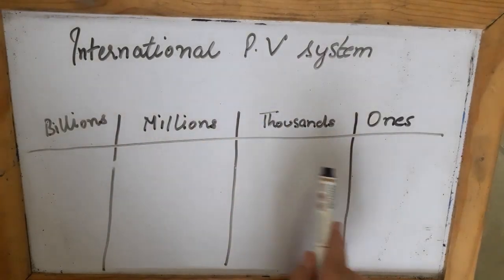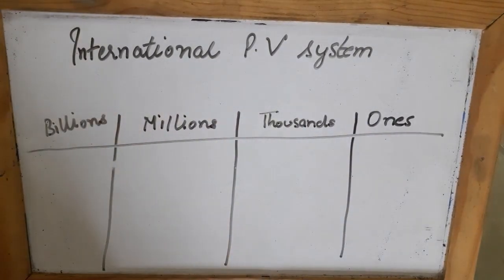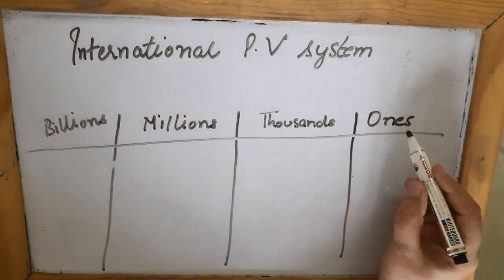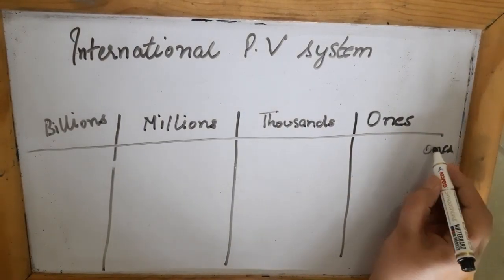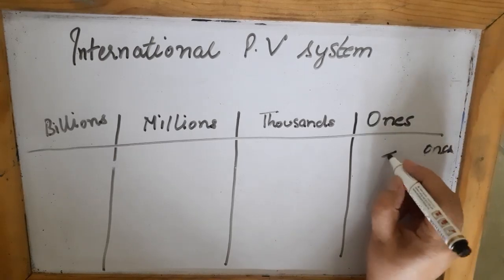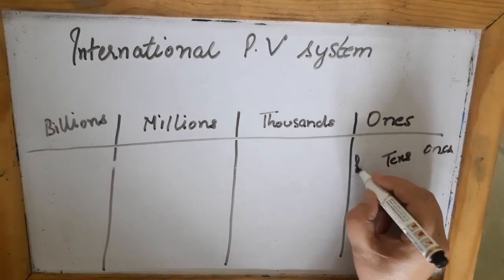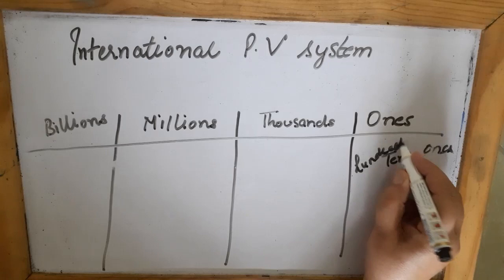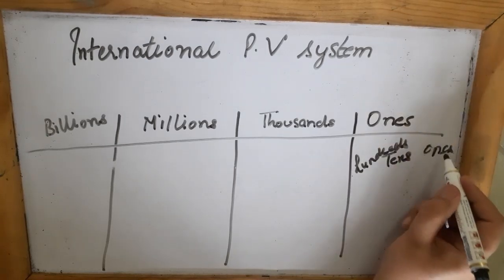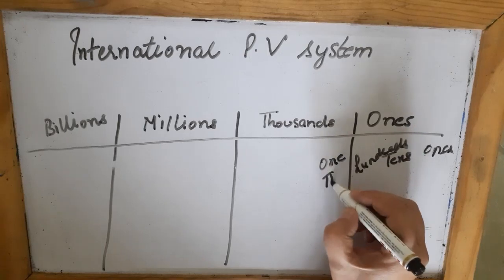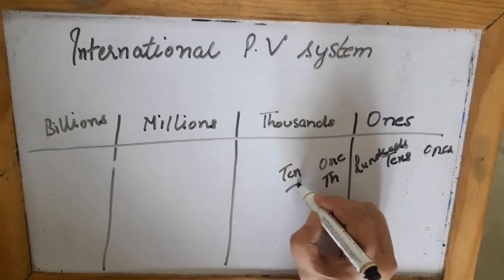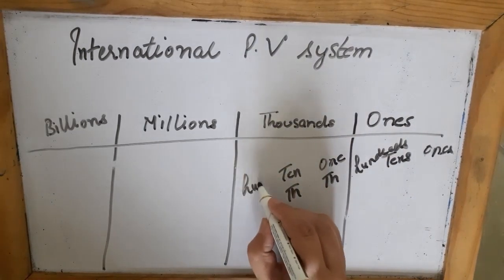But in each period this time we have three place values. Like in the ones period we have the place values ones, tens, and hundreds. In thousands period we have 1,000, 10,000, and 100,000.